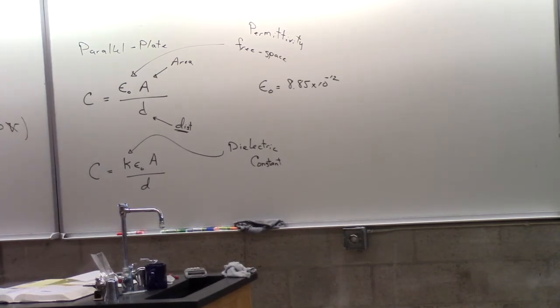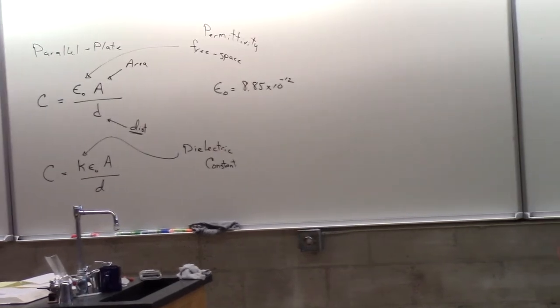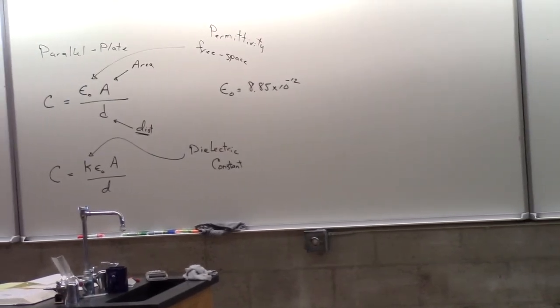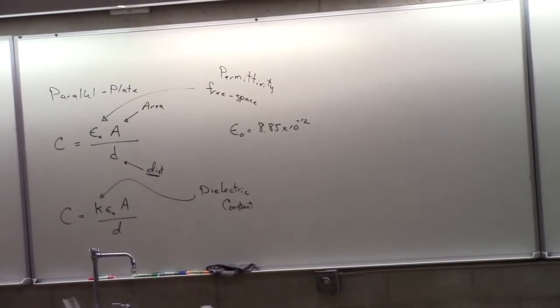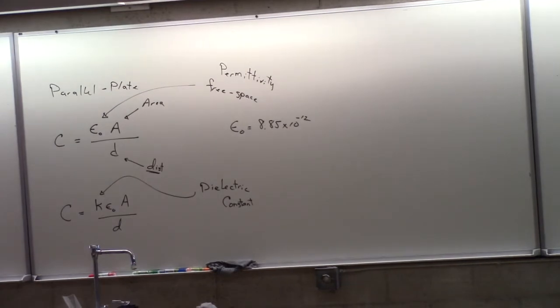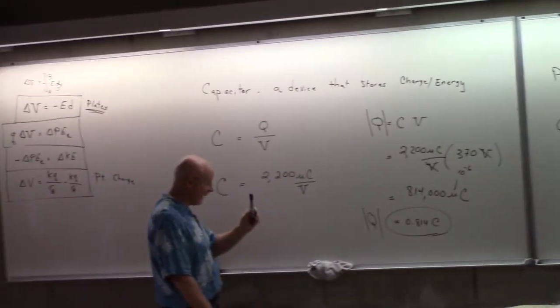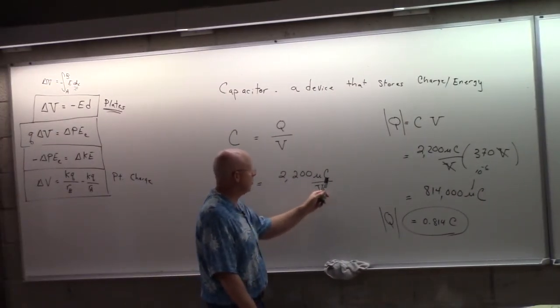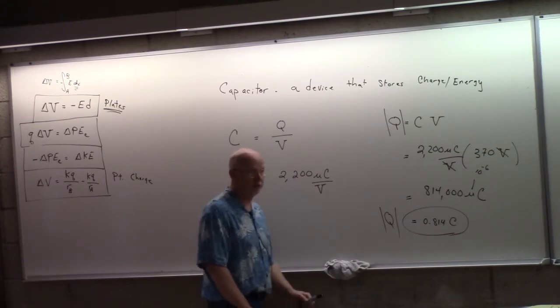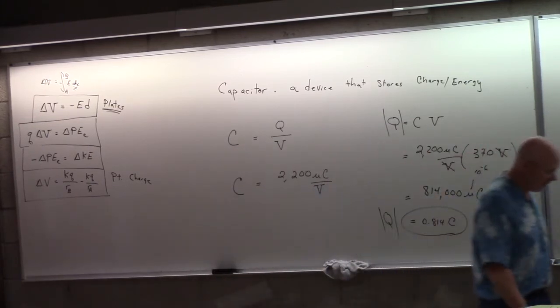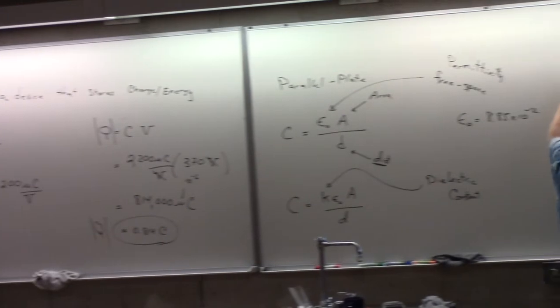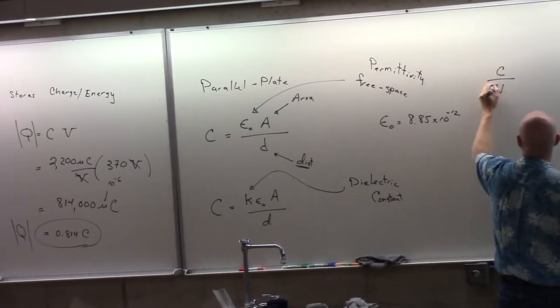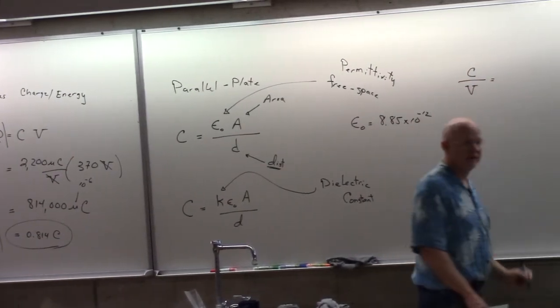Well, this might be a good time then to give you a new and very useful word for our units. Because remember I said that the capacitance for that big one was 2,200 microcoulombs per volt. Well, this unit, a coulomb per volt, is given a name.